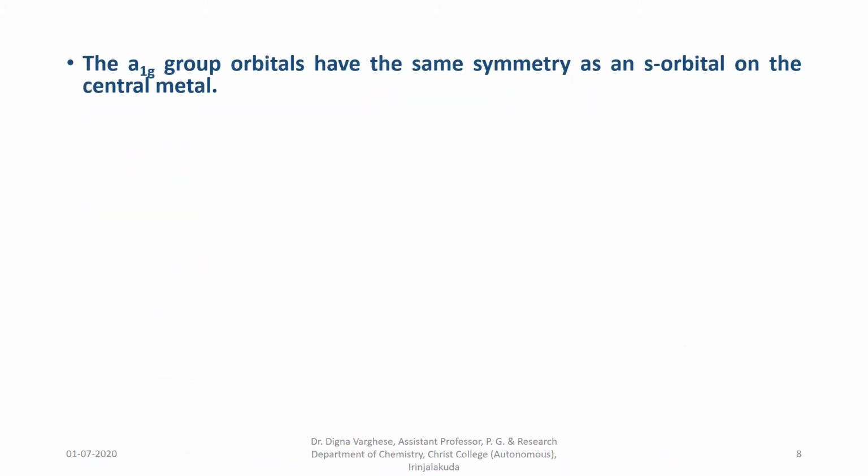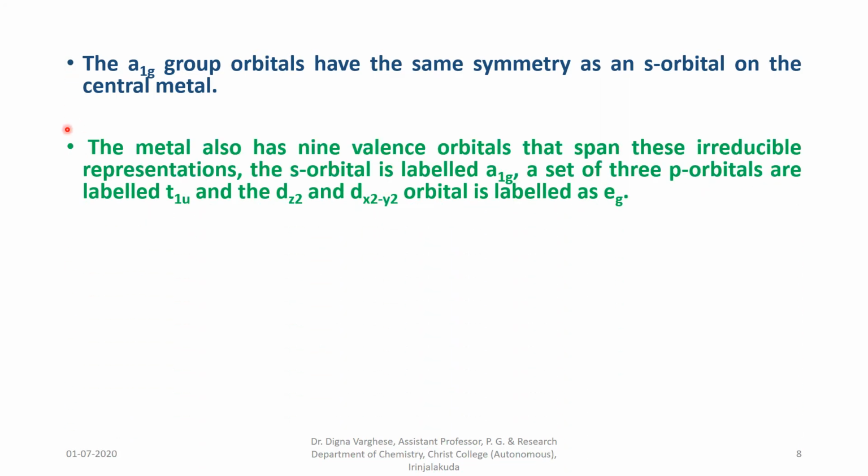The A1g group orbital has the same symmetry as an s orbital on the central metal. We know the metal atom has 9 valence orbitals, that is n-1 d orbitals, ns orbital and np orbitals, that span these irreducible representations.